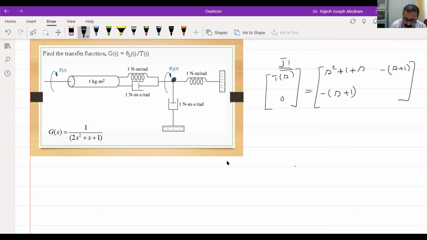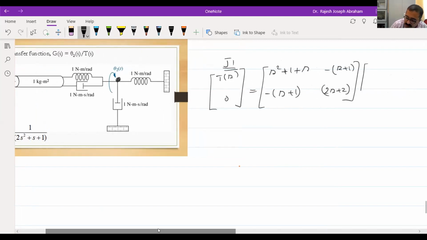So it will be plus s plus 1. That means 2s plus 2. Into theta 1 of s, theta 2 of s.